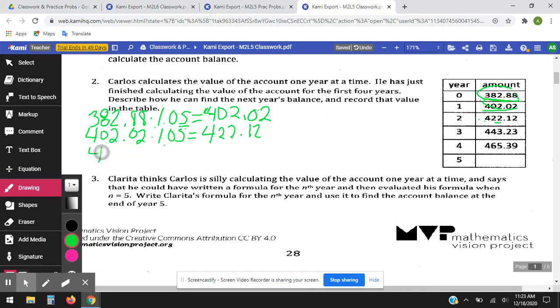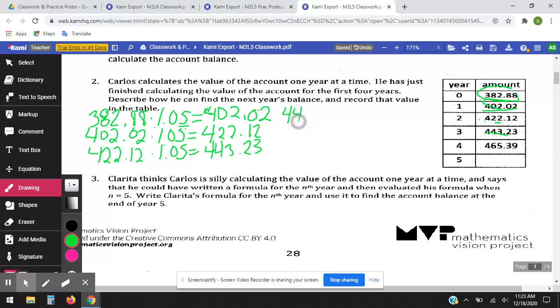And so he keeps doing that. 422.12 times 1.05 gives us 443.23. And then we'll do two more times.